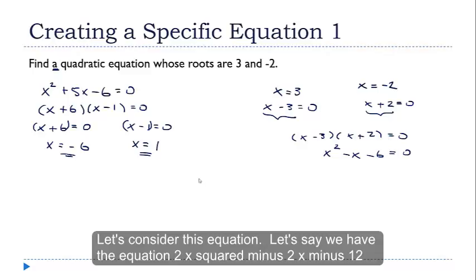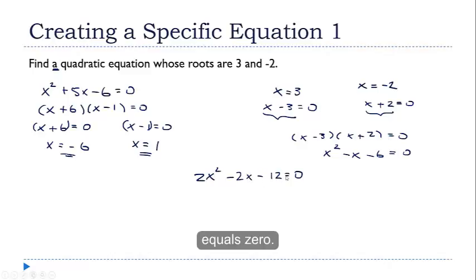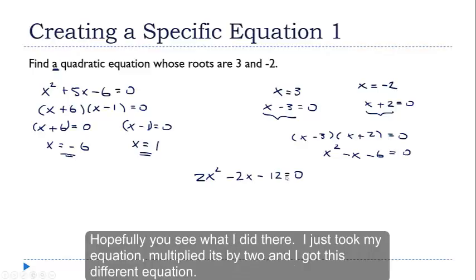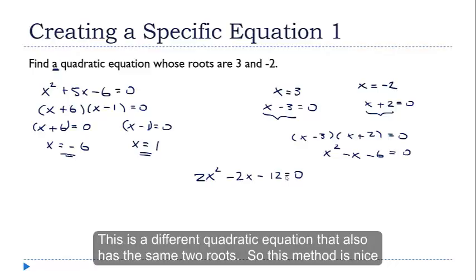Let's say we had the equation 2x squared minus 2x minus 12 equals 0. Hopefully you see what I did there. I just took my equation and multiplied the whole thing by 2, and I got this different equation. This is a different quadratic equation that also has those same two roots.